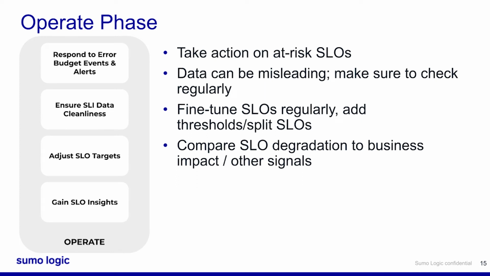So during the operate phase, I generally like to coach folks to take action at risk SLOs. Maybe examine the data. Maybe it's a little bit misleading and you need to check up on it, or fine tune SLOs to adjust thresholds, or maybe split one complicated SLO out into several smaller ones. And then also maybe you need to compare how the SLO degrades and figure out if there are other business impacts or other signals which you need to incorporate to help you make better decisions later on.